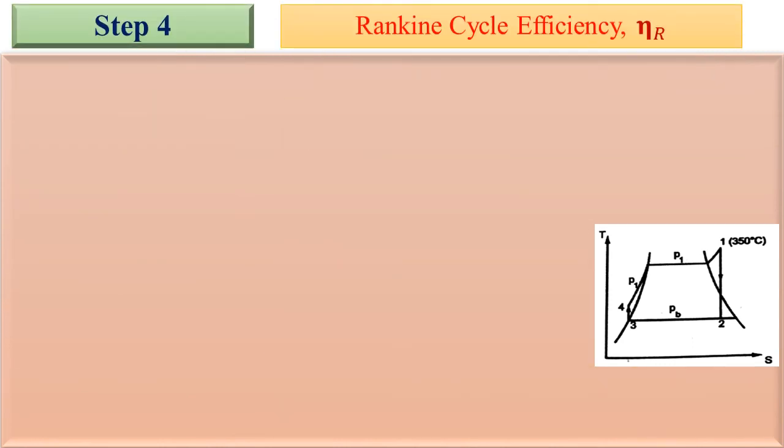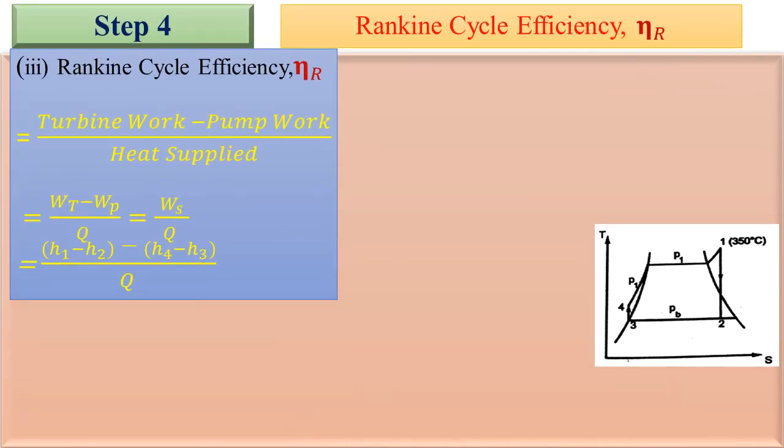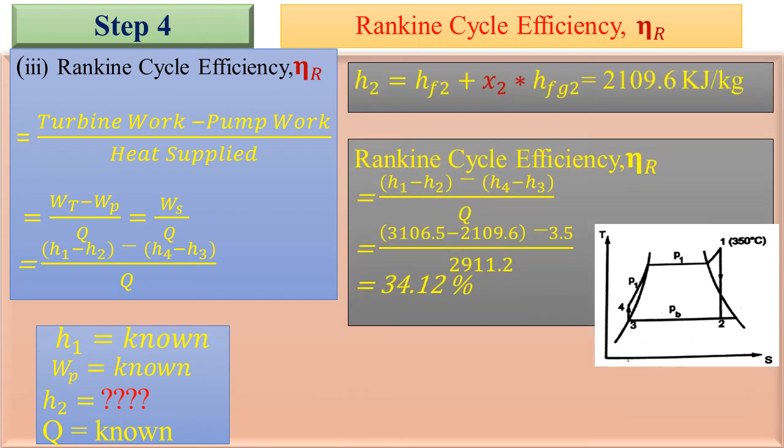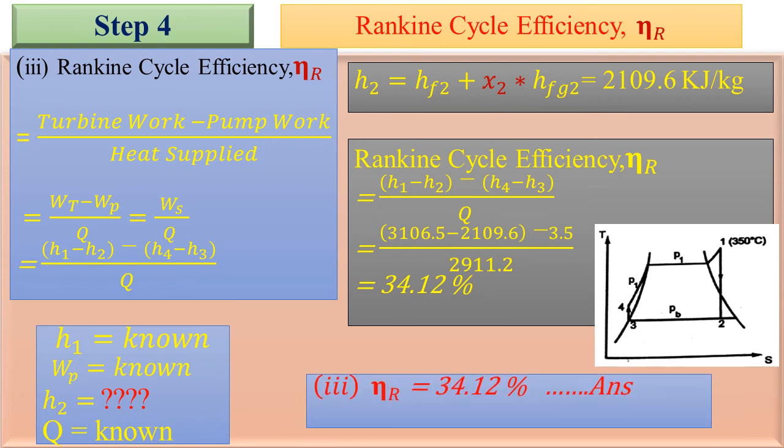Now, to find out Rankine cycle efficiency, which is given by turbine work minus pump work upon heat supplied, the formula is expanded as H1 minus H2 minus H4 minus H3, upon Q. Now we know all the values H1, H2, H3, H4 and heat supplied. We will substitute all the values and we get Rankine cycle efficiency equal to 34.12 percent. So on this slide mainly we have seen how to calculate Rankine cycle efficiency.